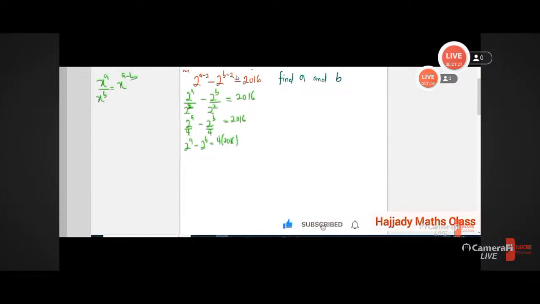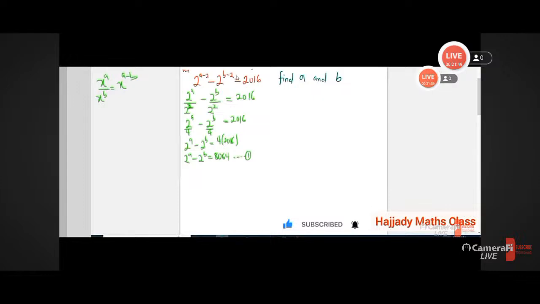So this is the same thing as saying 2 raised to power a minus 2 raised to power b equals 8064. Let's call this our equation 1. Now we are going to form equation 2.